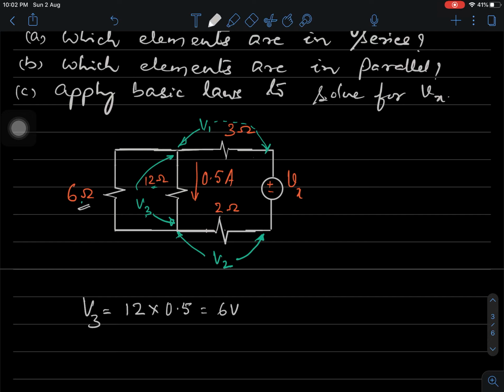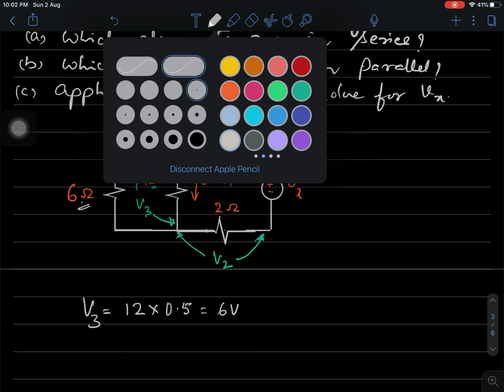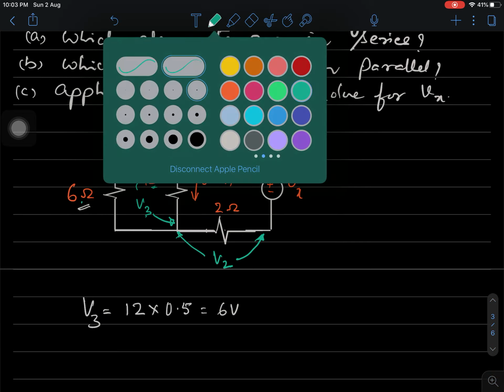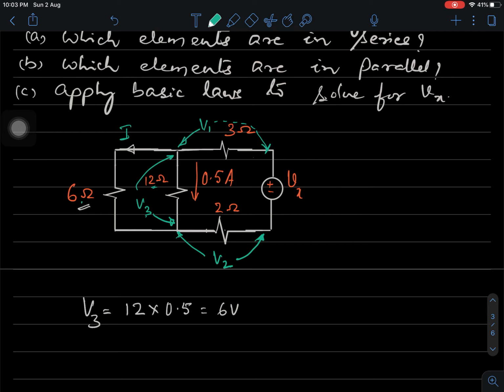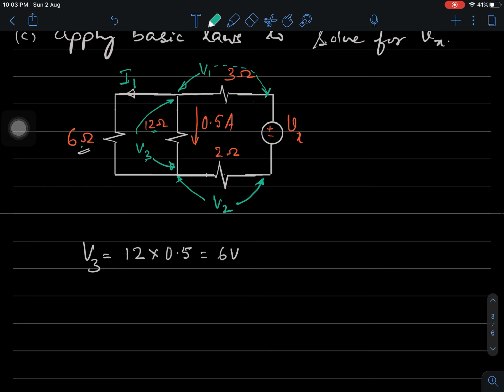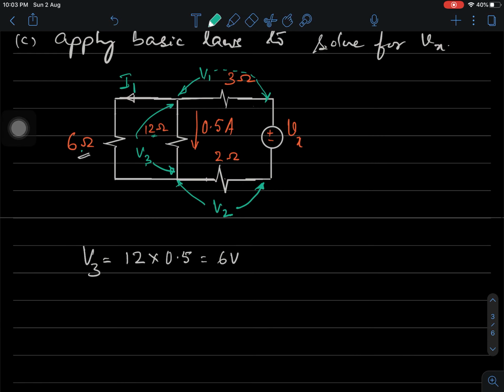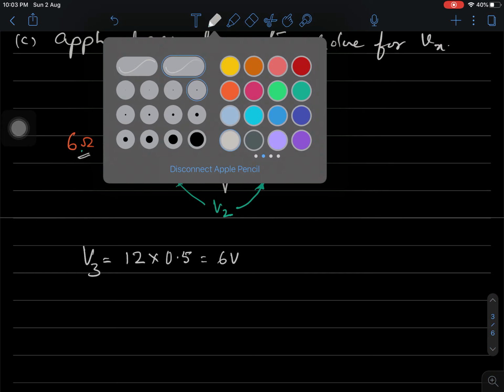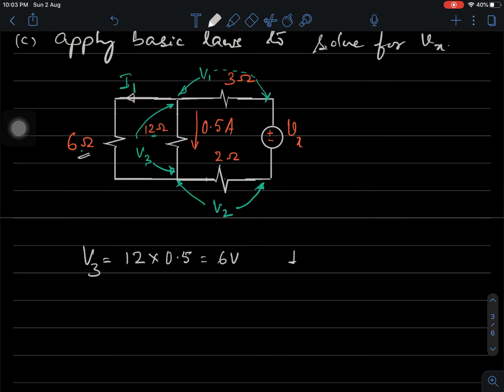Let me designate the current here as I1, so that I can use it as an expression. I1 is the current through 6 ohms. That's why I have designated it as I1. Some designation you need to have.